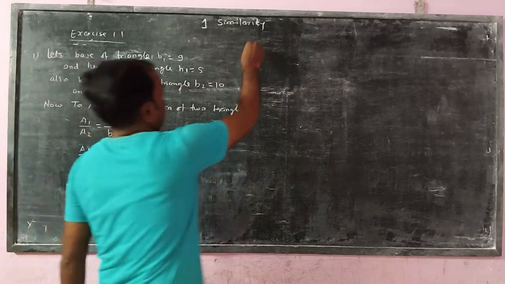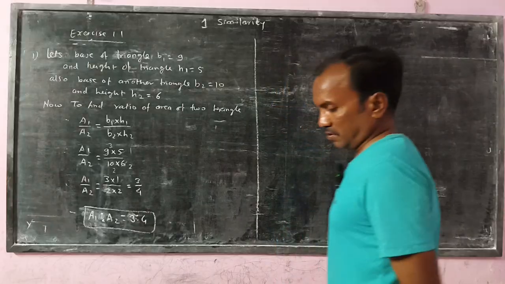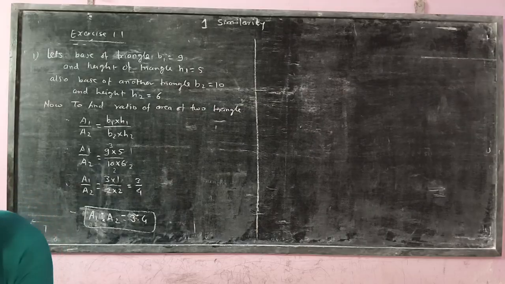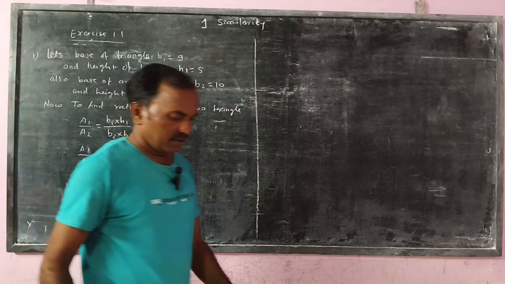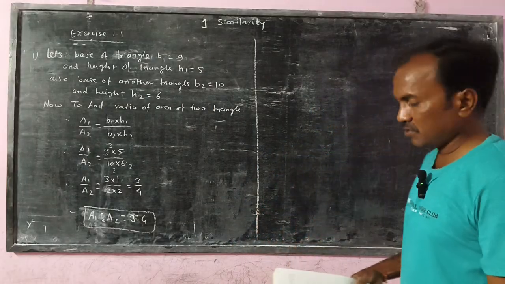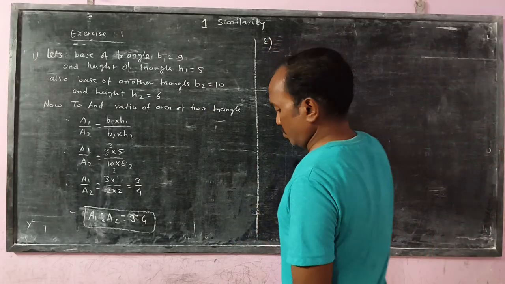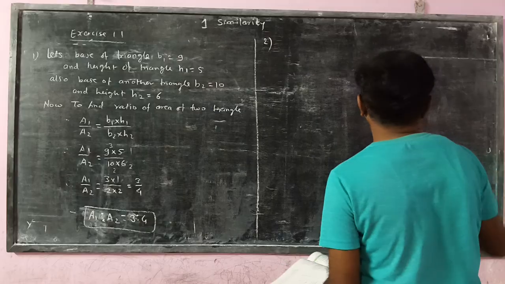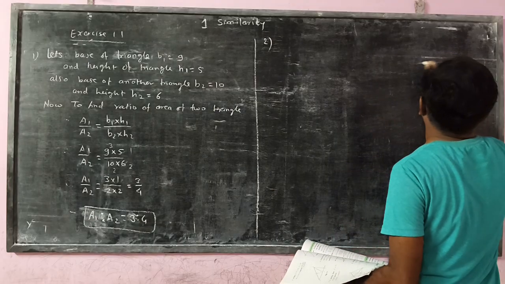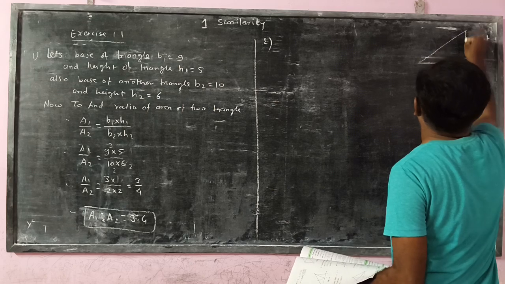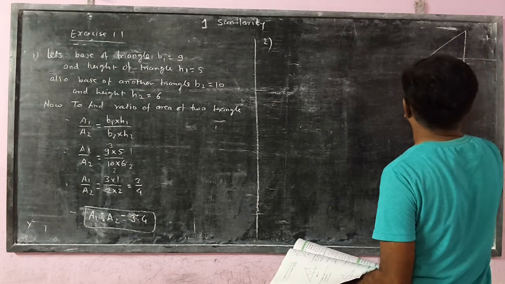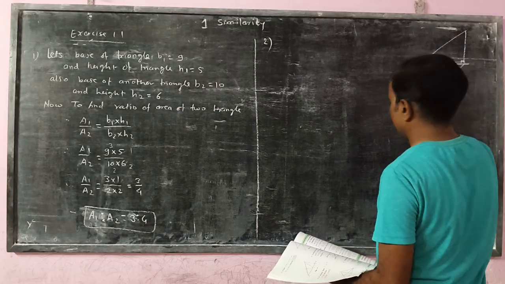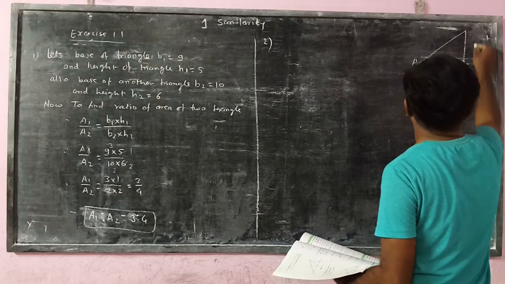Now another problem. In that figure, the second problem shows that the two triangles have the same base. The heights are different, AD and BC.